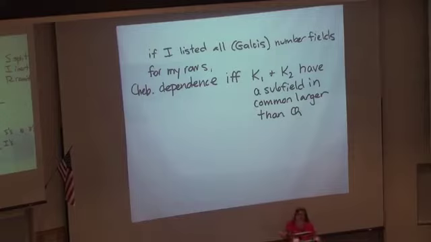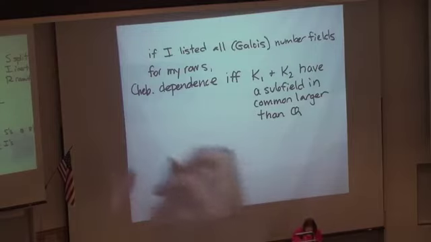If so, then there's going to be some dependence, and otherwise there's not. And so there's a pretty succinct story to the question of is there dependence or independence of fields? It's basically, do they contain each other, or do they contain some common thing?